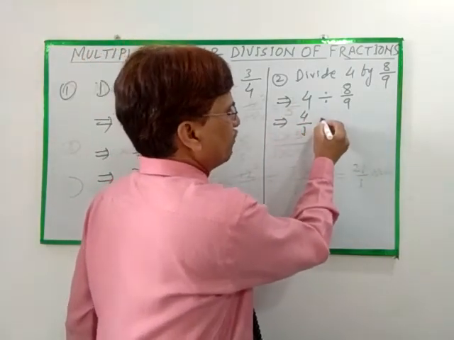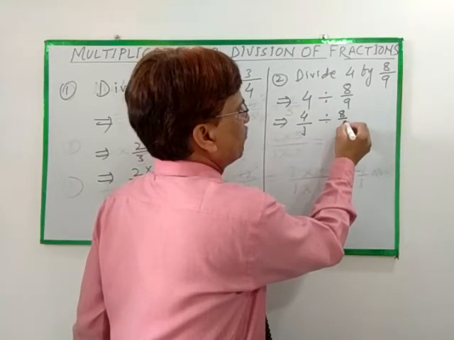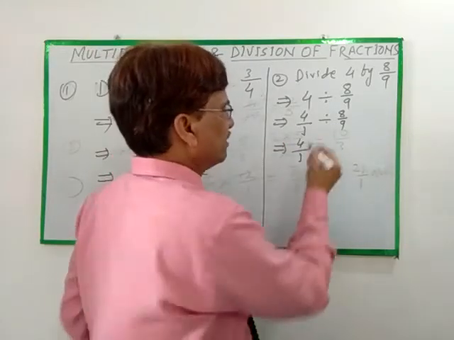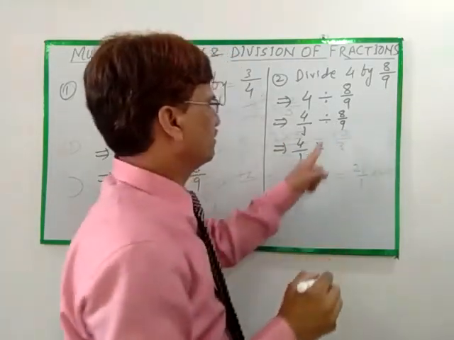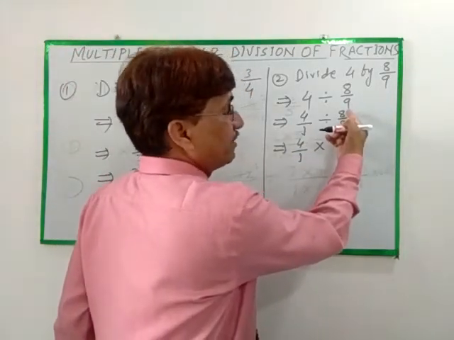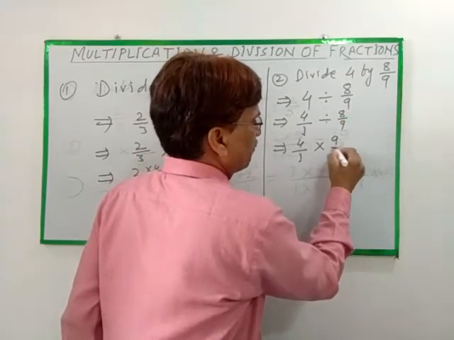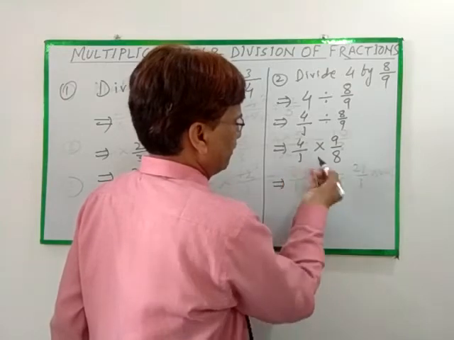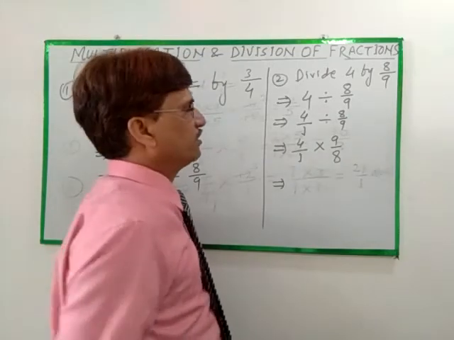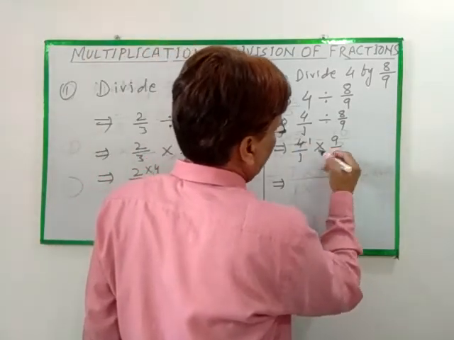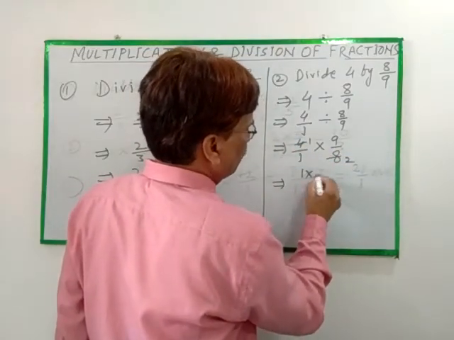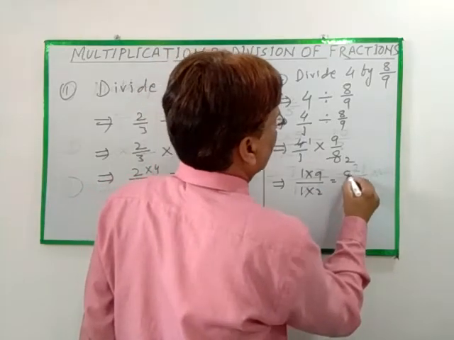So 4 upon 1 divided by 8 upon 9. You have to write 4 upon 1 as it is, and division changes to multiplication, and the inverse of 8 upon 9 is 9 upon 8, and then the common factor of 4 and 8 is 4. So 4 ones are 4, 4 twos are 8, and we can cancel by 4. 1 into 9 and 1 into 2, 9 by 2.